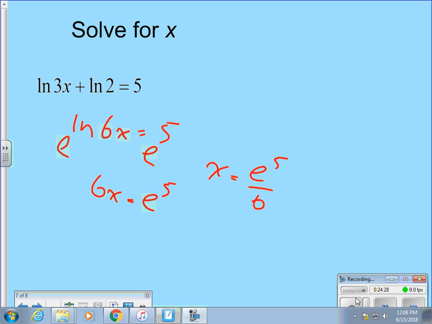Once again, I want exact values. Do not take e to the 5th on your calculator unless it is a multiple choice test and your answer is in decimal form. Otherwise, leave it as exact values. The only other time you do not use exact values is if it's a word problem and that value does not make sense in exact terms.